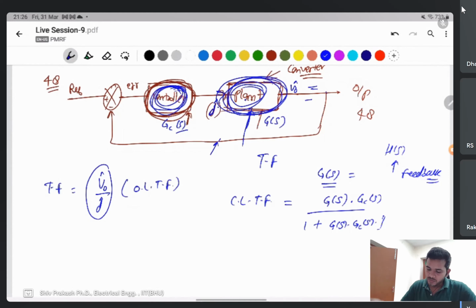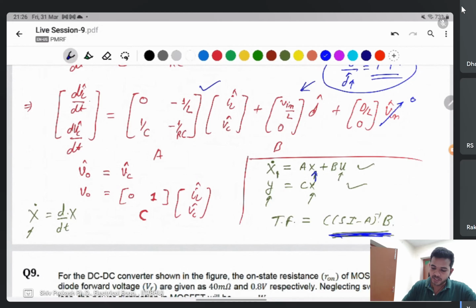X is the state of the plant, the state of the system. You have two states because you have two dynamical components, the energy storing elements L and C. The inductor stores energy in current form and the capacitor in voltage or charge form. That's why you have two states, IL and VC. X represents the state and X dot represents the differentiation of the state. This is not a single value, it is a matrix.